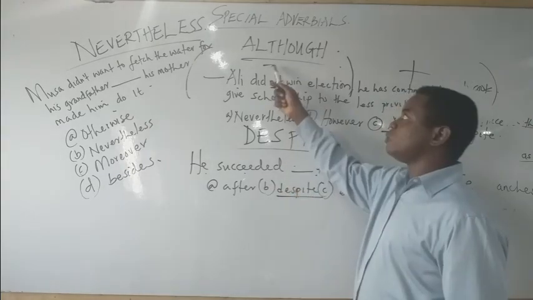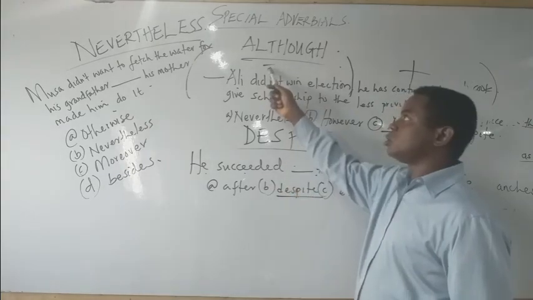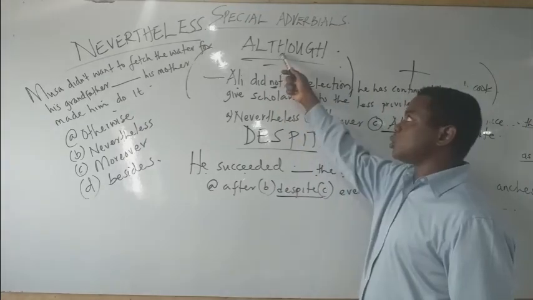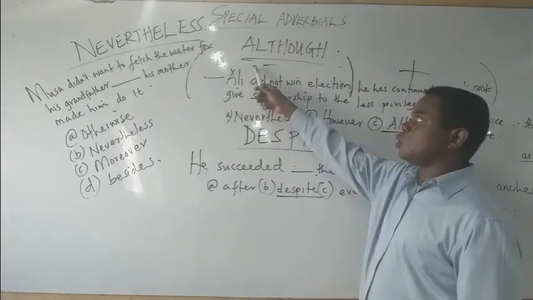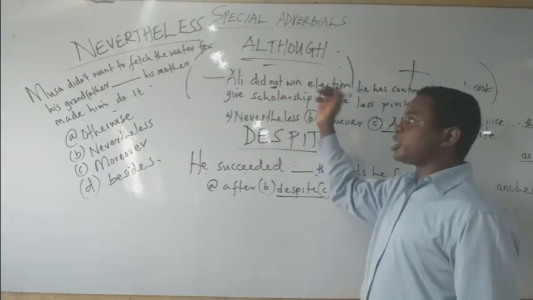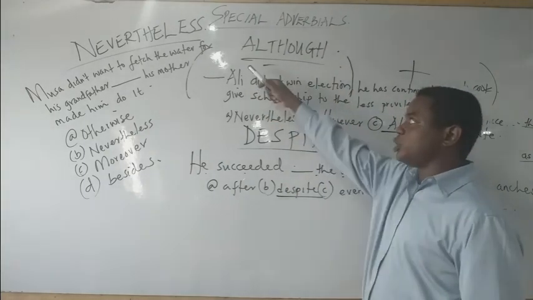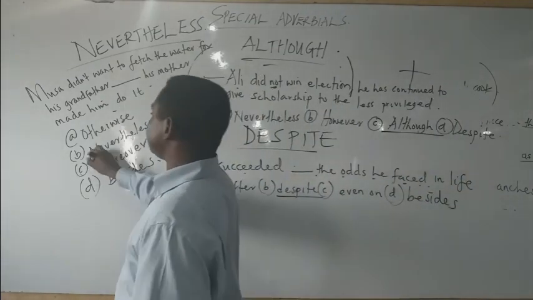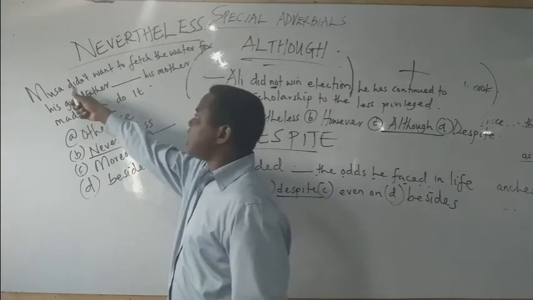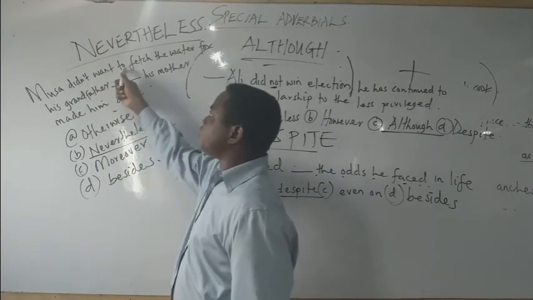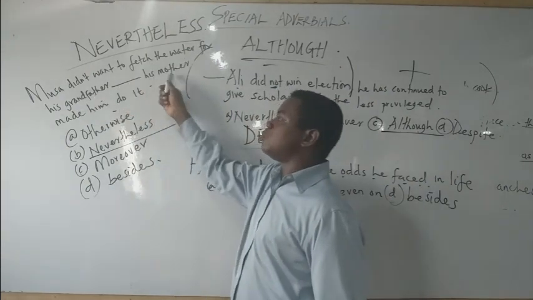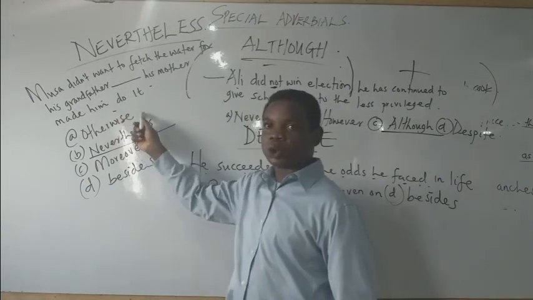When you have a negative clause joined with a second positive clause, what you use in that instance is although. But when you have the first clause being negative and the second being negative as well, what you use is besides. But for this, our right answer is nevertheless. So originally, Musa didn't want to fetch the water for his grandfather. Nevertheless, his mother made him do so.